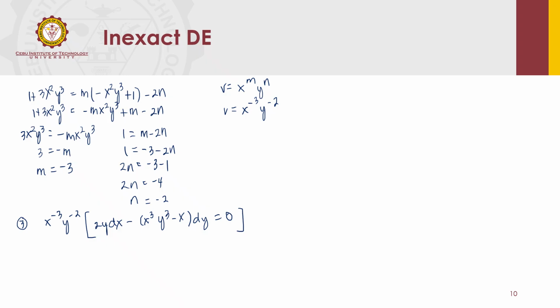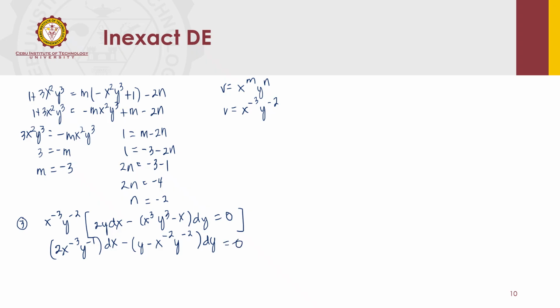If we're going to multiply now the integrating factor, so that's 2x to the negative 3, y to the negative 1 for dx, and then minus x to the 0, then y to the 1, and then minus x to the negative 2, y to the negative 2, dy, equals 0.